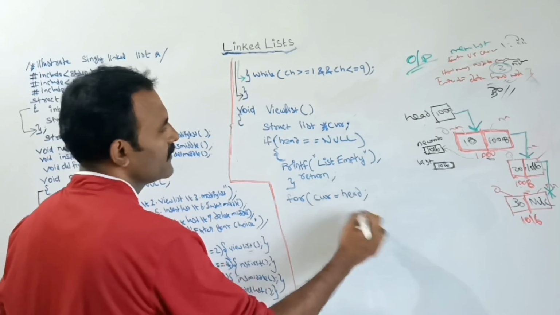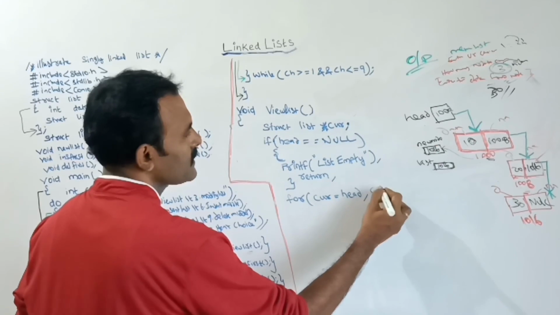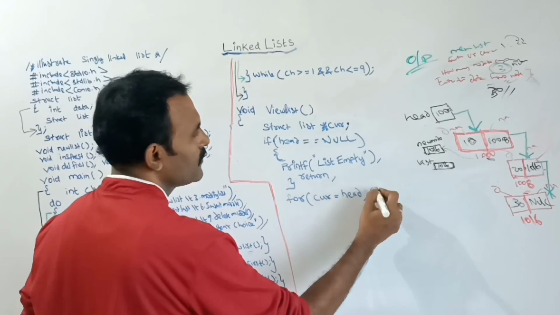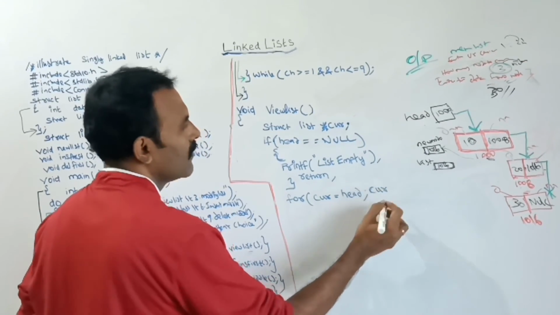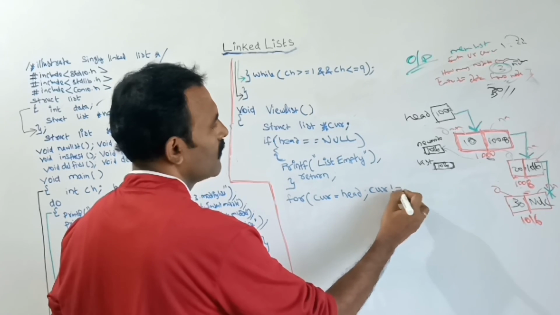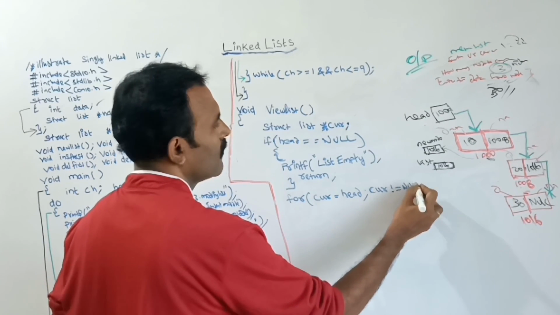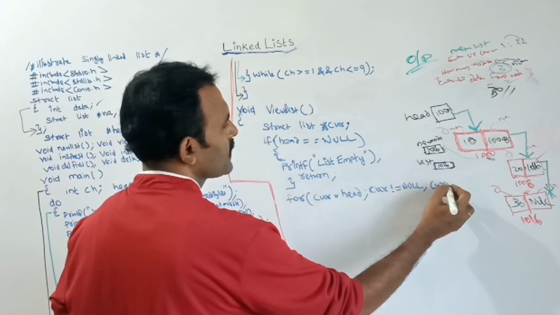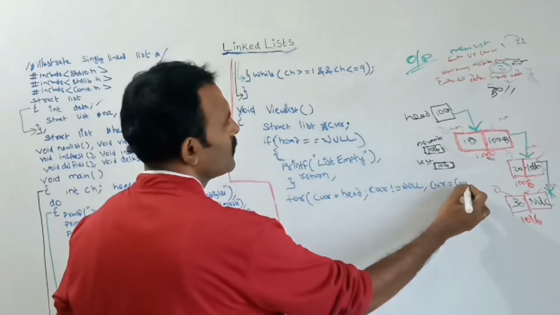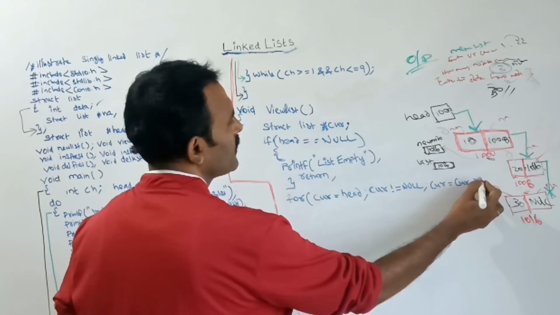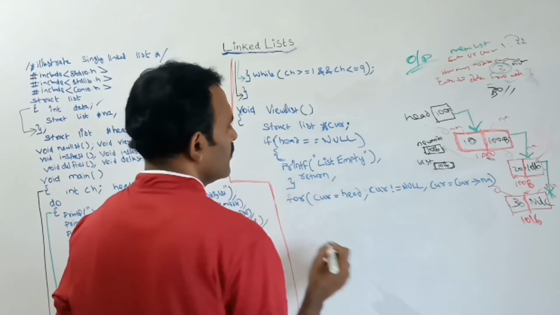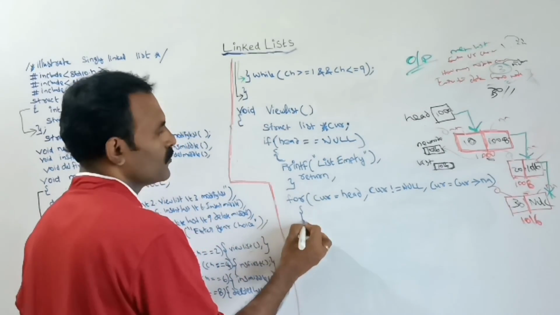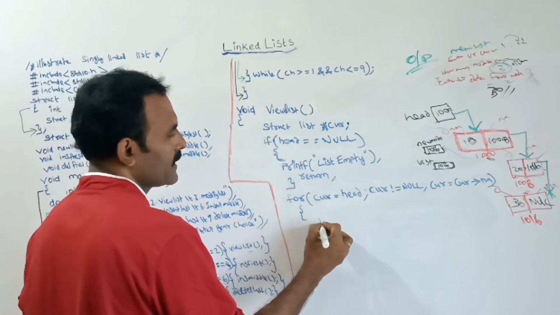Next I am checking that current should not be null. At the same time I am incrementing, current is equal to current of NA. This is the for loop. Next here I am simply telling it to print.